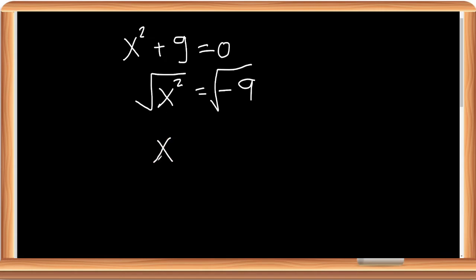Now, square root of x squared, syempre sabi ko nga, the square root of any square number is equal to the number itself, so that is x. Is equal to square root of negative 9. Now, that is positive and negative dahil square root eh. Square root is always a positive and negative value. Now, mag-isip ka ng number na kapag minultiply mo sa sarili, will give you negative 9.